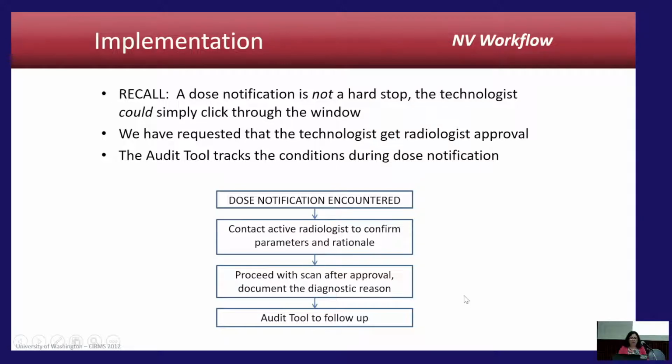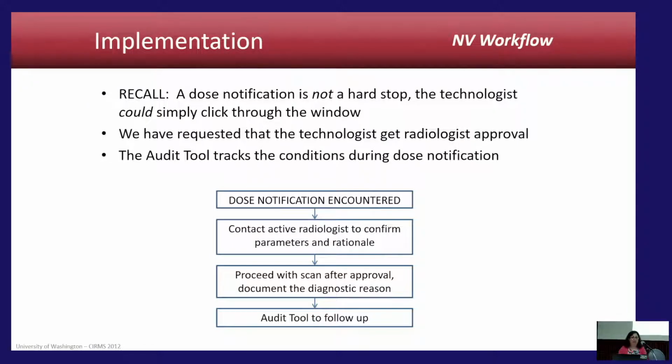Once you have a notification value, we had to figure out, what do you do if you get an alert? That's what I'm trying again to show you here, the teamwork, right? We are the ones, the physicists, who come up with the NV value. We go and program it in the scanner, which is what we typically do. But it's a technologist who will see it if they get an alert.